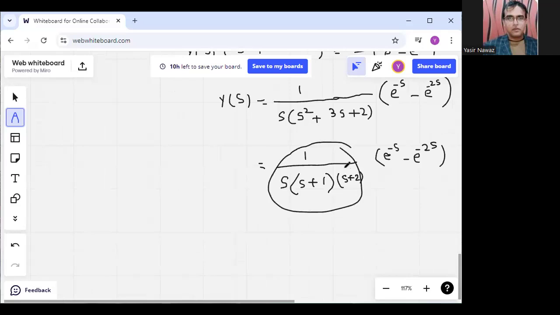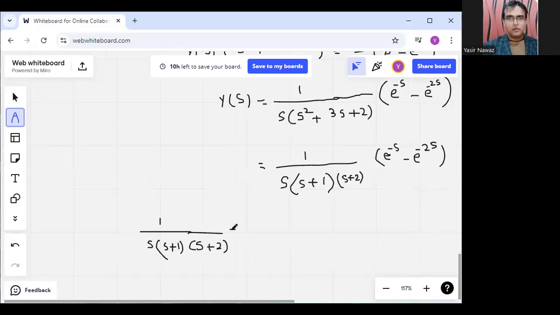If I use partial fractions, it can be written as 1 over s, and then s plus 1, and s plus 2.